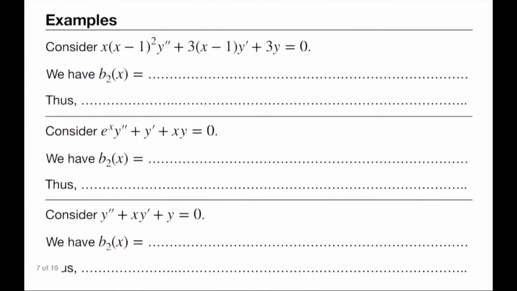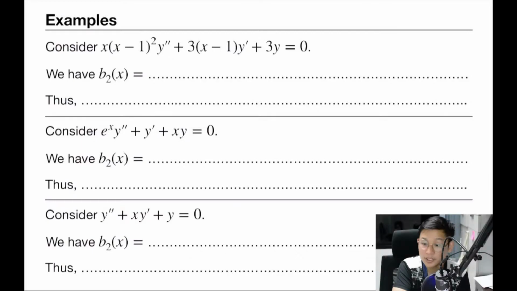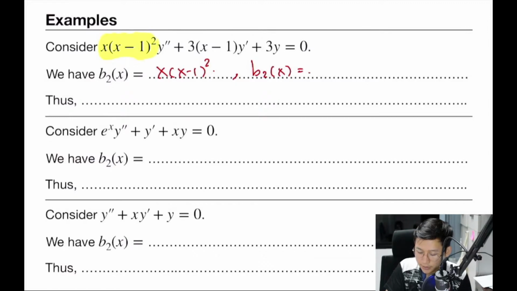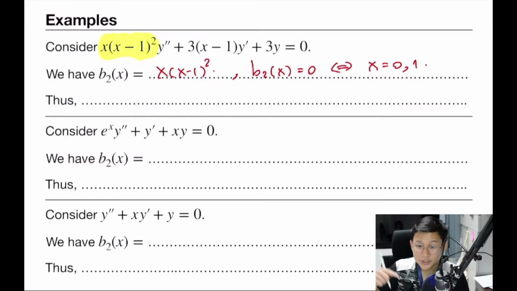Let's look at more examples. It's going to become clearer once you look at lots of examples. Here you can see that this is b2(x). So we have that b2(x) is x times (x minus 1) squared, and b2(x) is 0 if and only if x equals 0 or 1. If x is 0, of course b2(x) is 0.